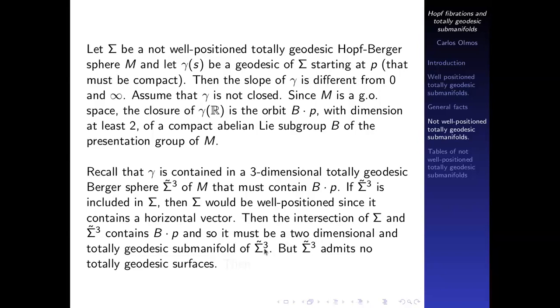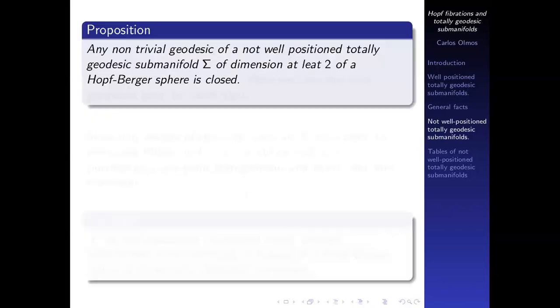So what we prove, and it is very important, is that all geodesics are closed. For a non-trivial geodesic of a not well positioned submanifold. If the totally geodesic manifold is well positioned, this is not true. So any geodesic of sigma is closed.